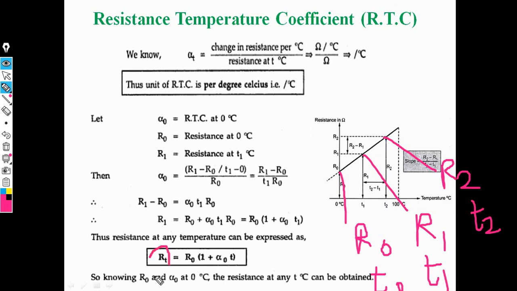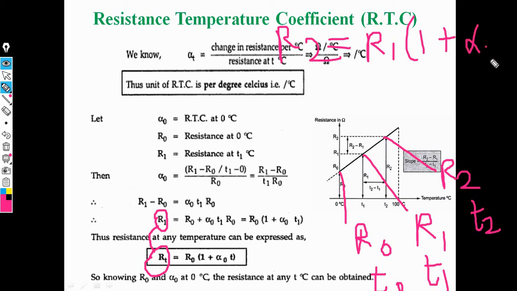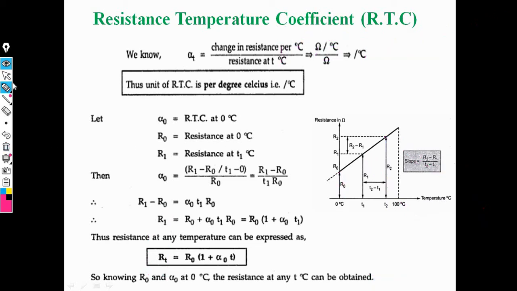Then obtain RT with the help of R1, and R2 is obtained, that is R2 is equal to R1 into bracket 1 plus alpha 0 into T. This is the final formula for the resistance temperature coefficient at RT, R1 and R2.